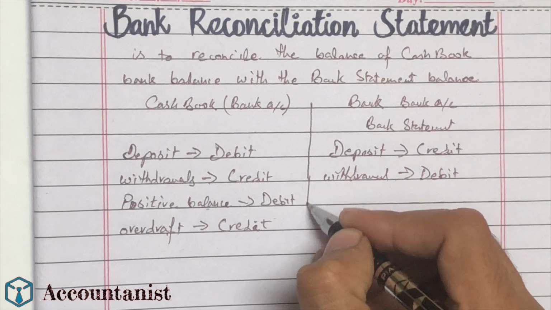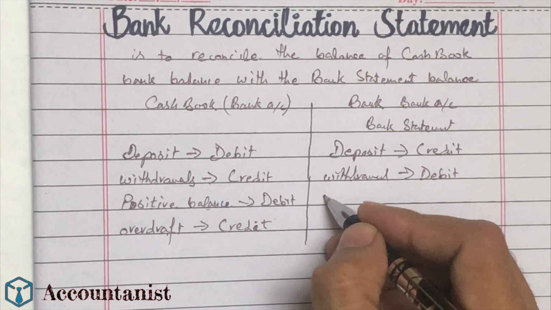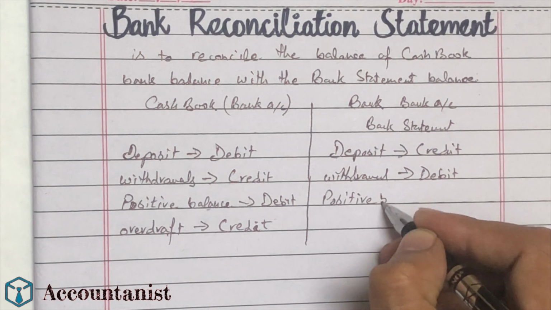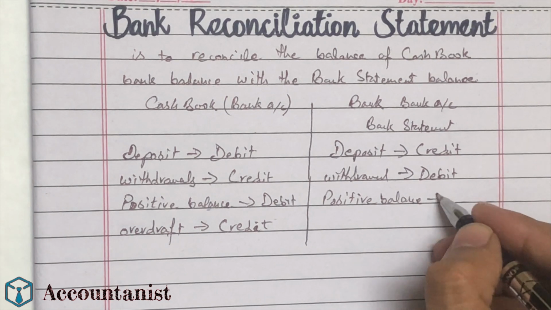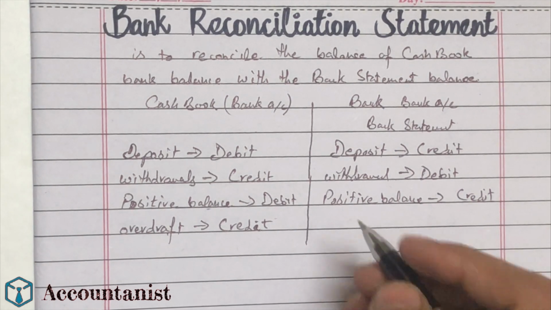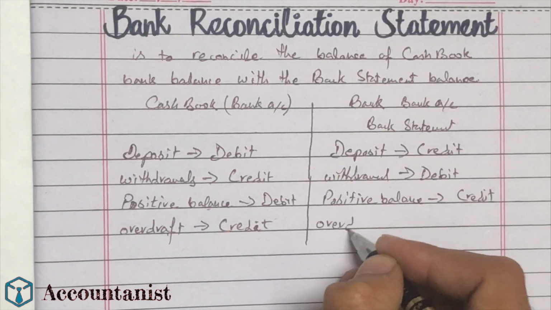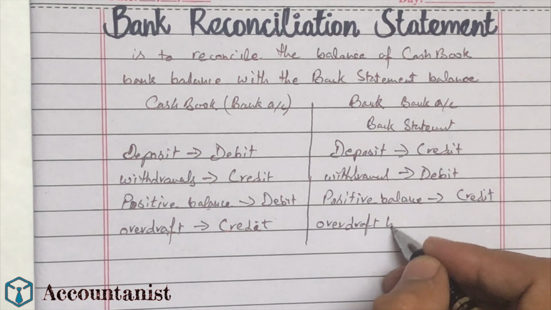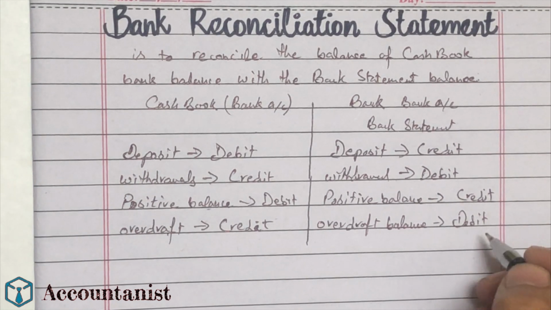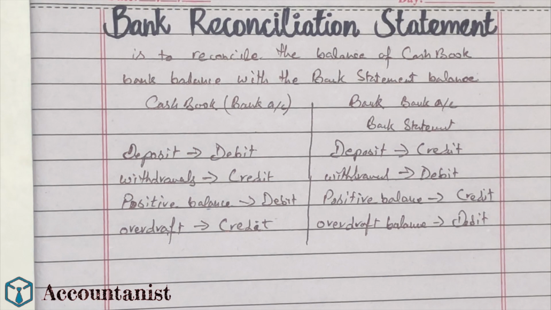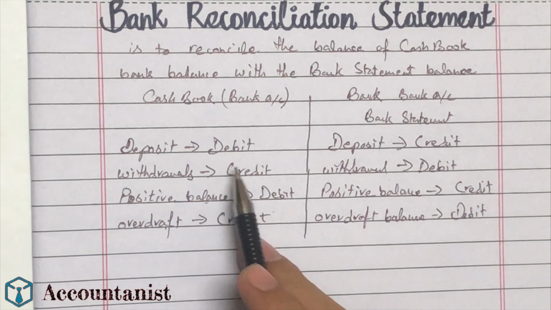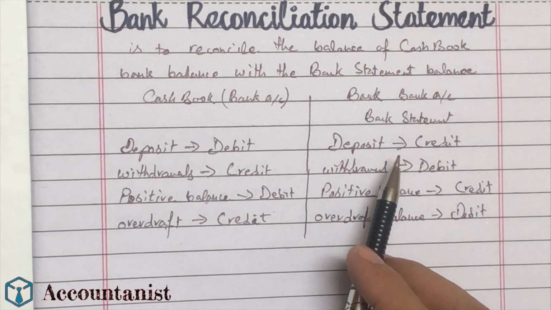On the other hand, in the bank statement, a positive balance is shown as a credit balance, and an overdraft balance is shown as a debit balance. So that's what we need to understand about the differences between the cash book and the bank statement.